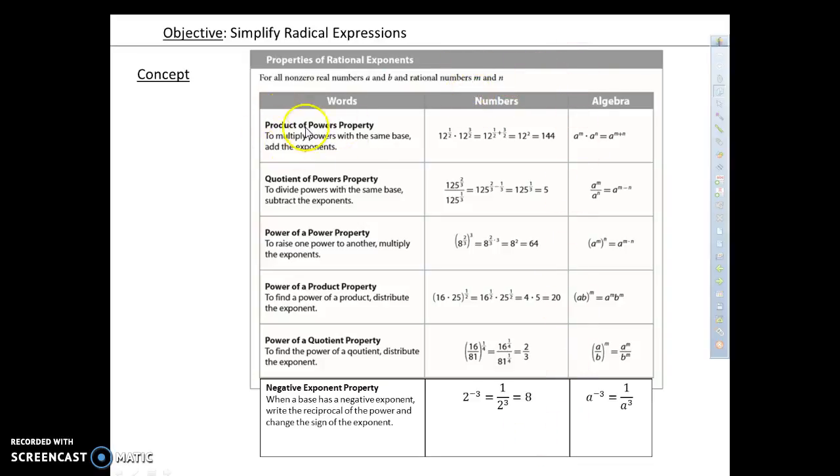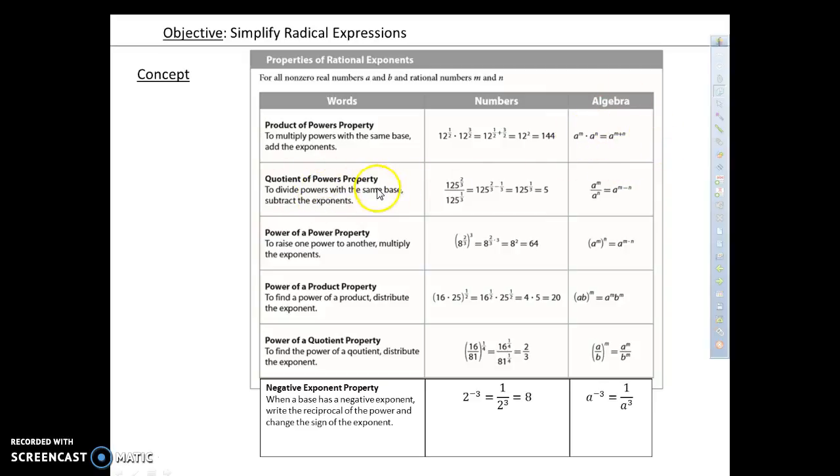The product of powers property says to multiply powers with the same base, we add the exponents. Notice in this example that I have the same base and I'm multiplying. So I just add the exponents: 1/2 plus 3/2 gives me 4/2, which is just 2, and 12 to the second power is 144. The same thing holds with variables.